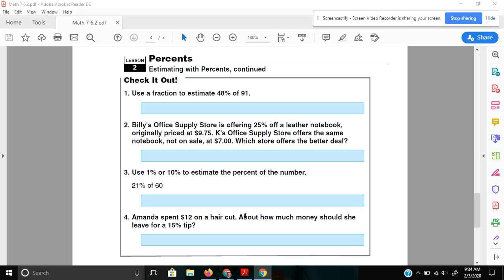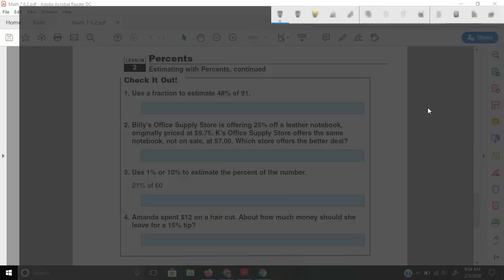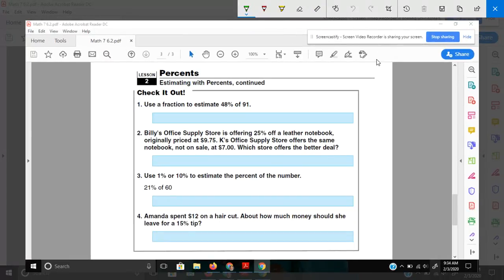All right. First one, use a fraction to estimate 48% of 91. I'm going to round 48% to 50%. Let me get my sketch pad up. And 50% is the same as a half. Of means multiply, and I'm going to round 91 to 90.